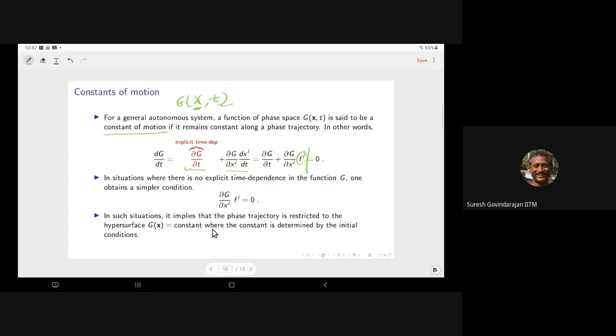A trajectory, we usually talk about just in coordinate space. So is this the one from the position and momentum space? Exactly, yes. Very good question. That's why it's phase trajectory.